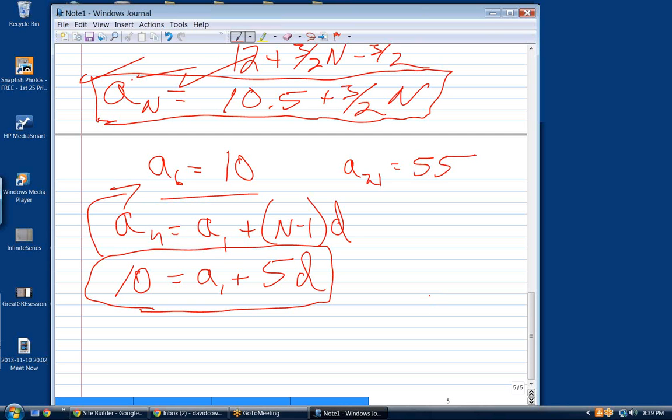Okay. Now let's write a similar equation based on that. So then we can do, this would be 55 equals a sub 1. Oh, a sub 1. 21 means n is 21.